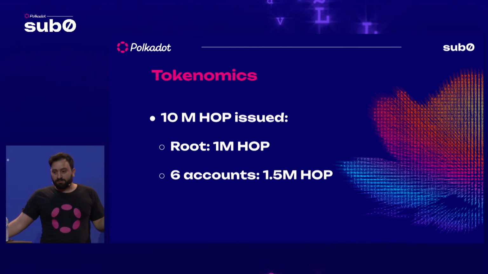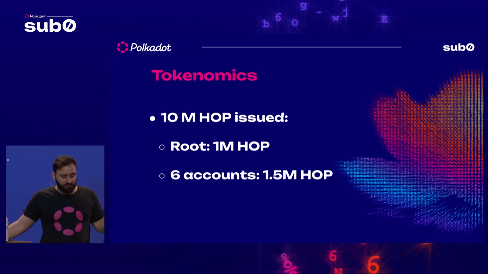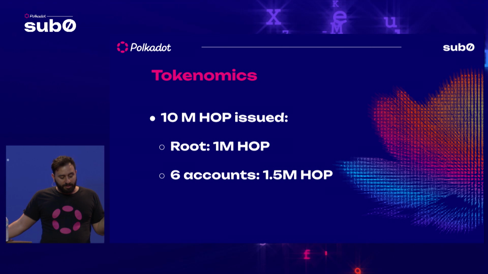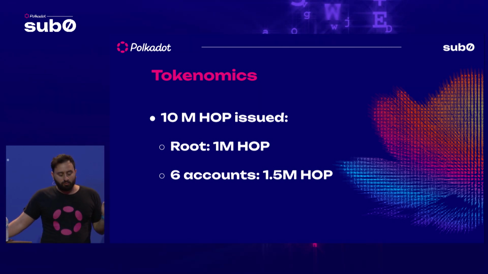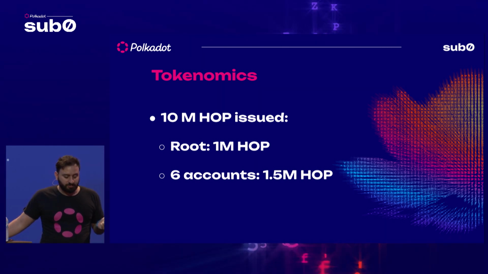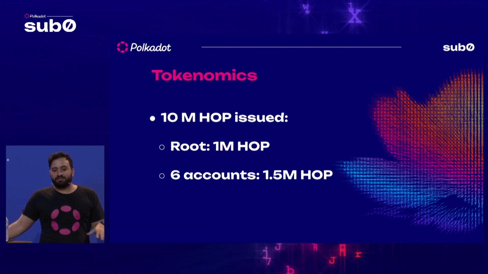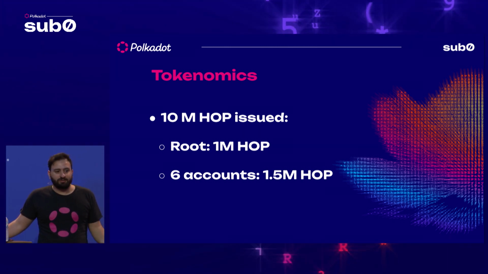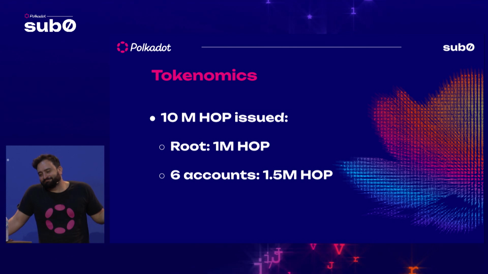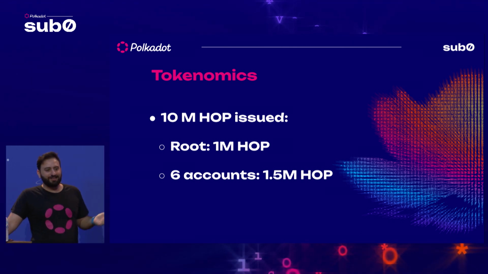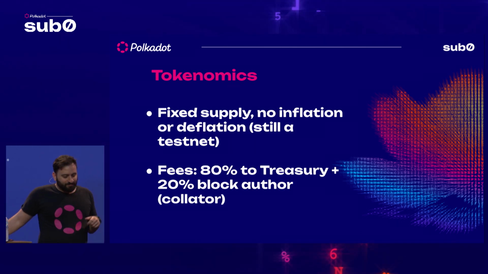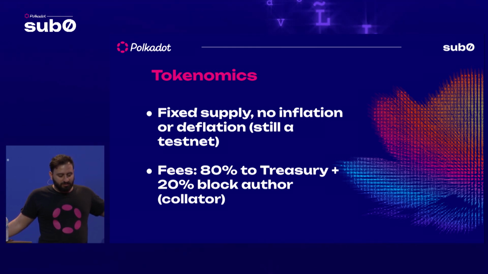Tokenomics, simple, 10 million HOOPS issued. So we have root with 1 million HOOPS and 6 accounts with 1.5 million HOOPS. Just for the records, I would love this to be real money, but it's not, right? So I have the keys, but yeah, it's a toy token. Fixed supply, no inflation or deflation.